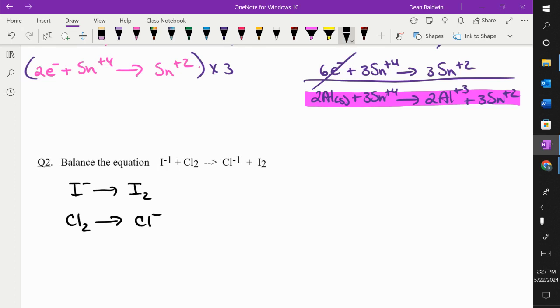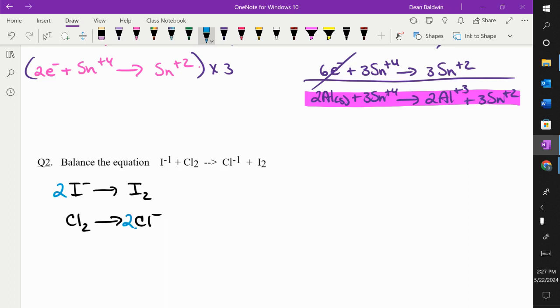First step is to balance the atoms. So what do I have to do to the top one? I have to put 2 ions on the left side. So 2. And then for the chlorines, I have to put 2 there.